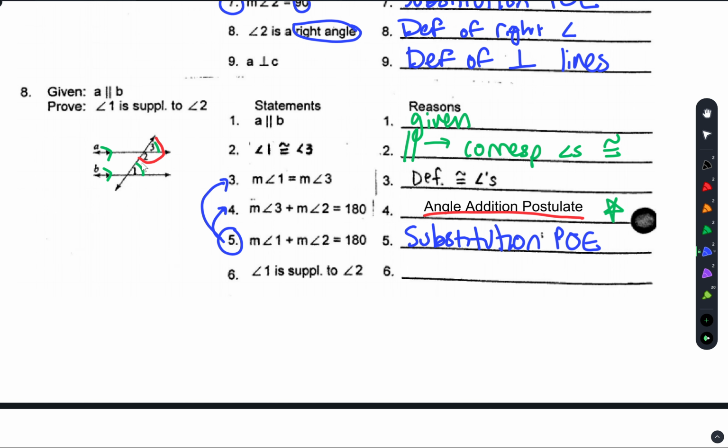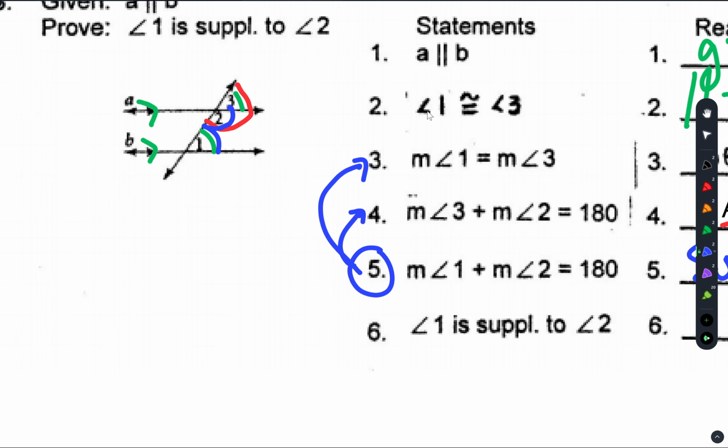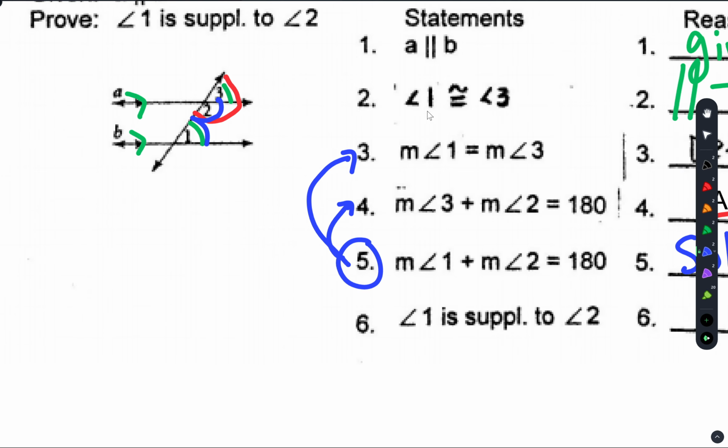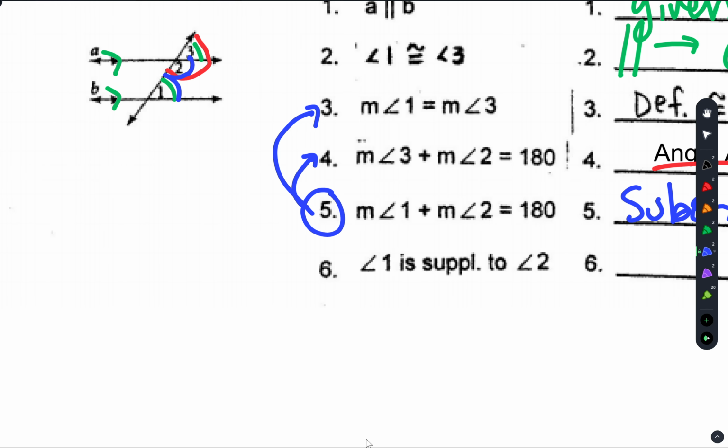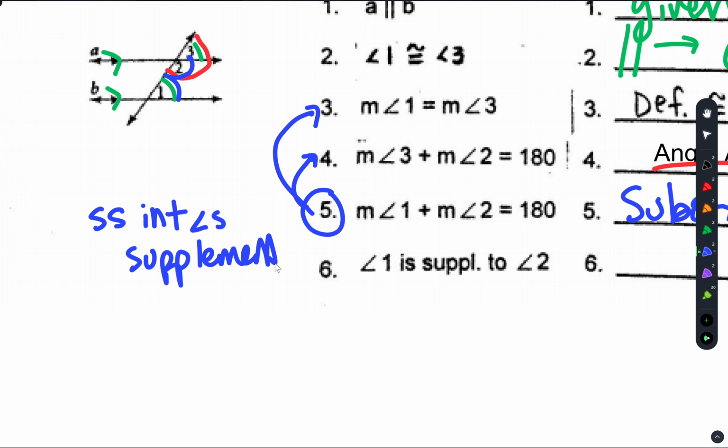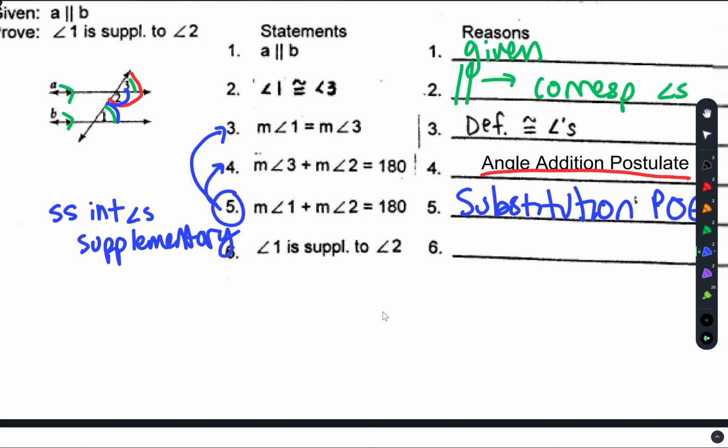Even though 1 and 2 are same side interior angles, if we think solely about the definition of what same side interior angles says, same side interior angles does not say that they equal 180. Same side interior angles are strictly saying that things are supplementary. So while I probably wouldn't mark it wrong on number 5 if you said same side interior angles supplementary, we're not saying that they're supplementary, we're saying they're 180.